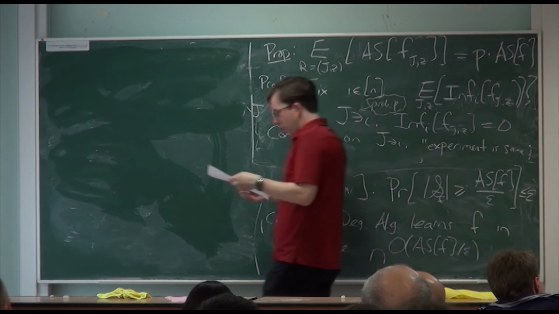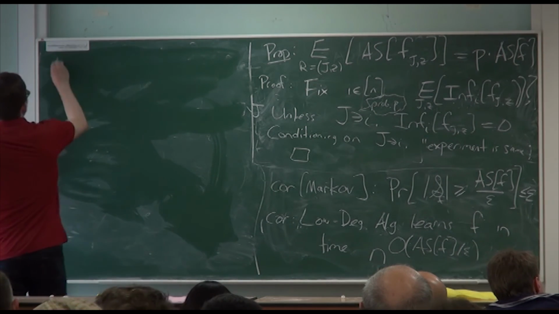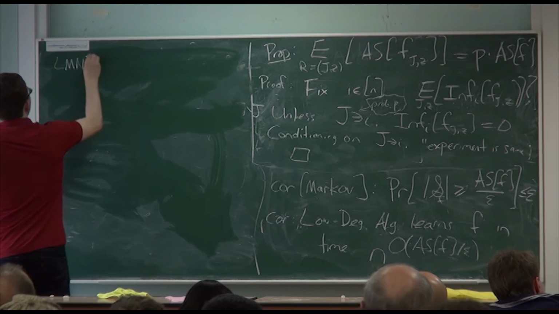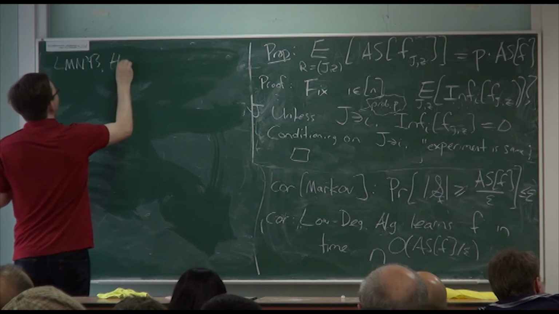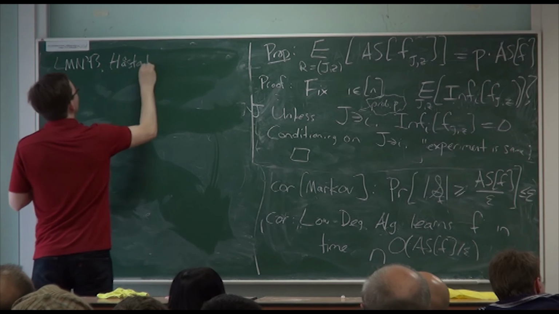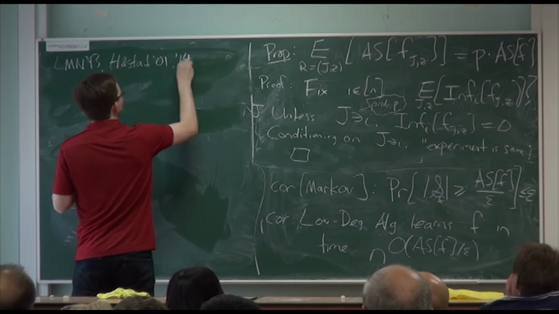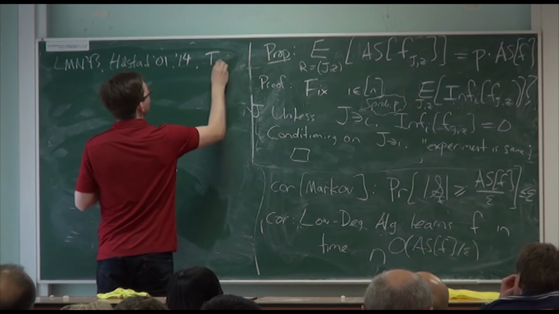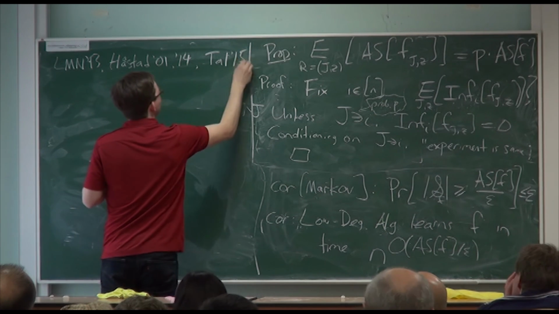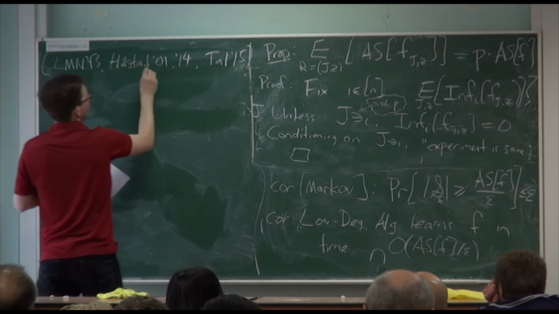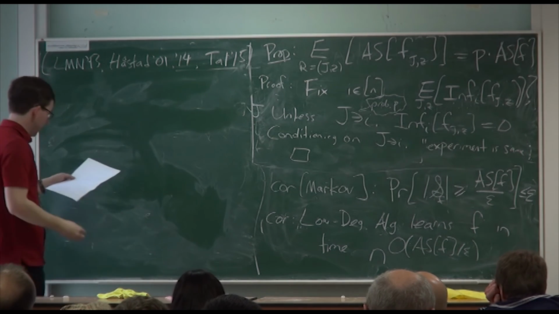So the best thing that's known: this was done by Linial, Mansour, and Nisan in '93. Then Håstad made it better in '01, then even better in '14, and then Avishay et al. made it even better in 2015. I think we'll hear a little bit about both of these.